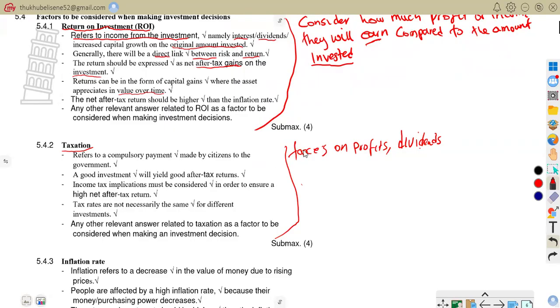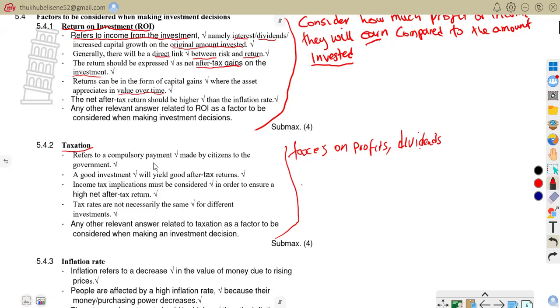Because if dividends, let's say, are taxed at 20%, the net return decreases.